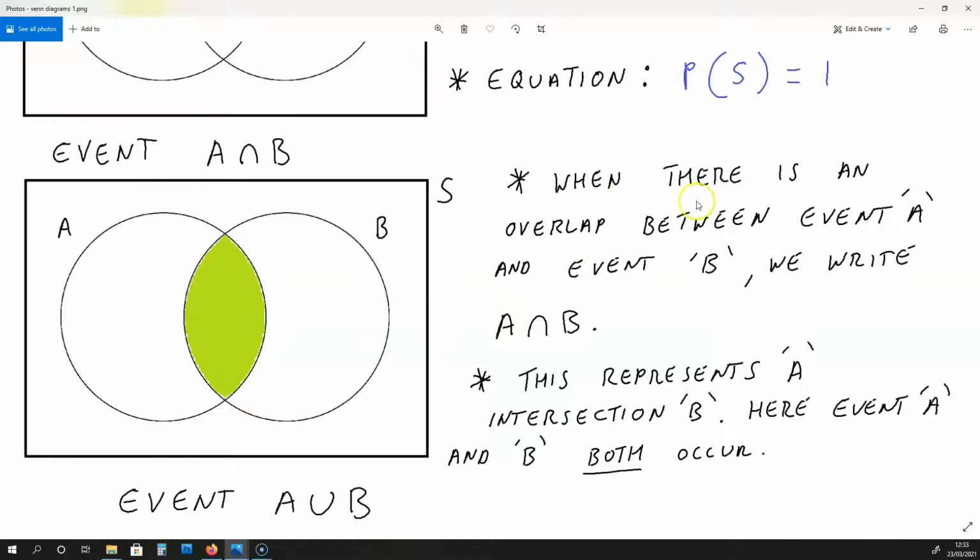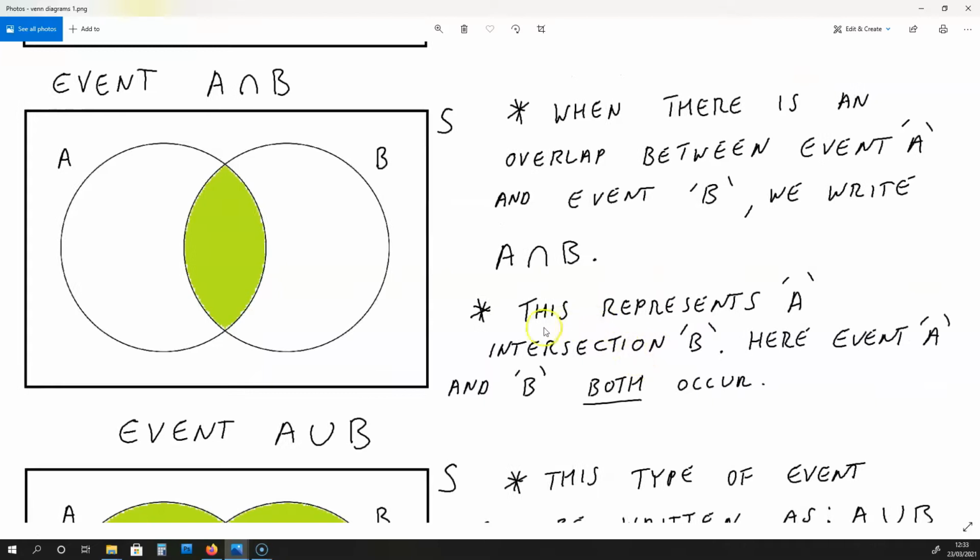So when there is an overlap between event A and event B, we write A intersection B. This represents A intersection B. Here event A and B both occur. So like I said, that's going to be represented by the intersection over here.